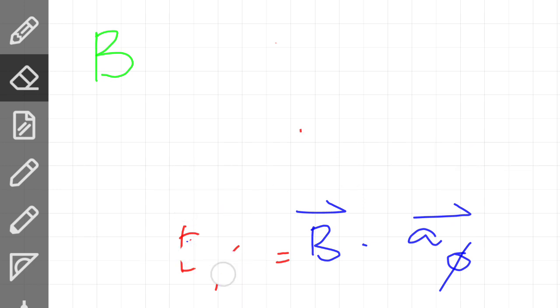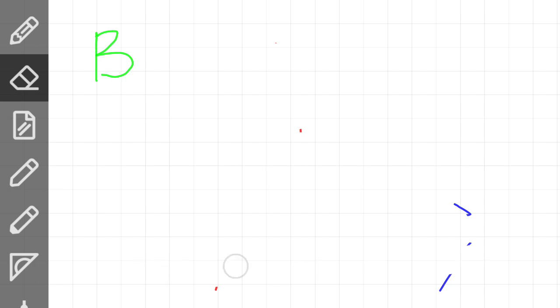We know that a three-dimensional vector in the spherical coordinate system will have three components.